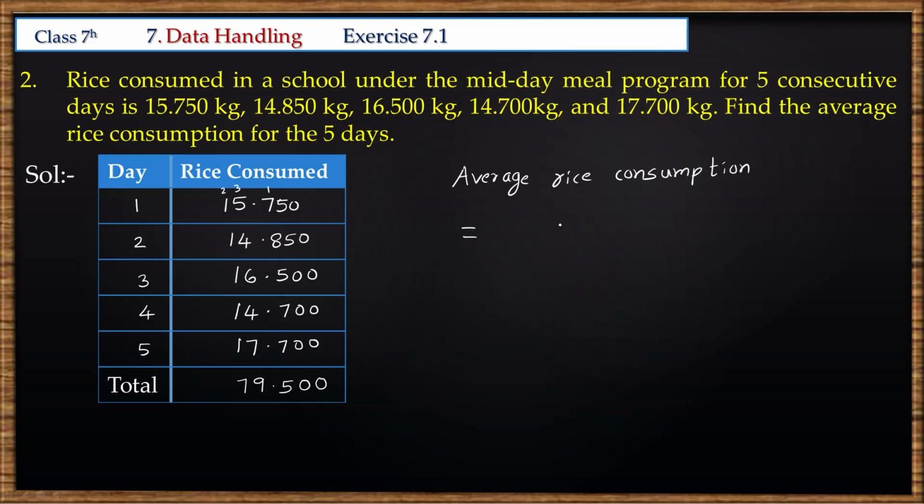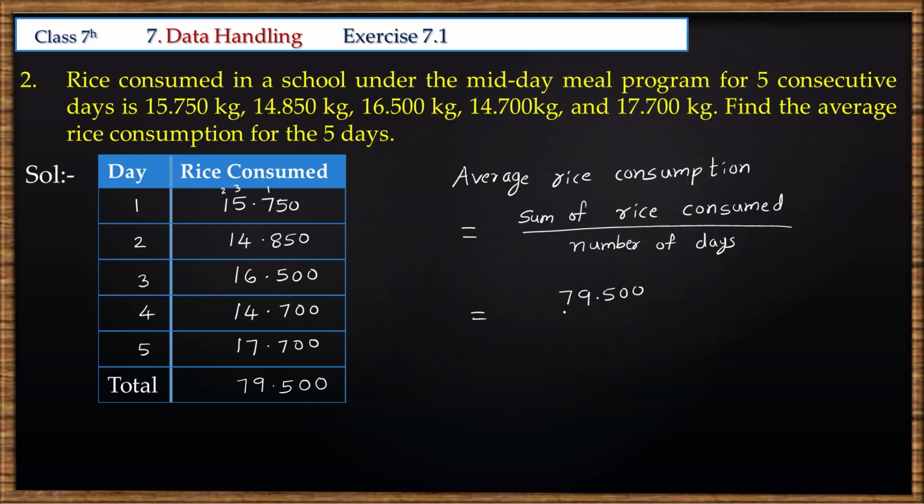So sum of rice consumed divided by number of days. That is equal to 79.500 divided by 5 days.